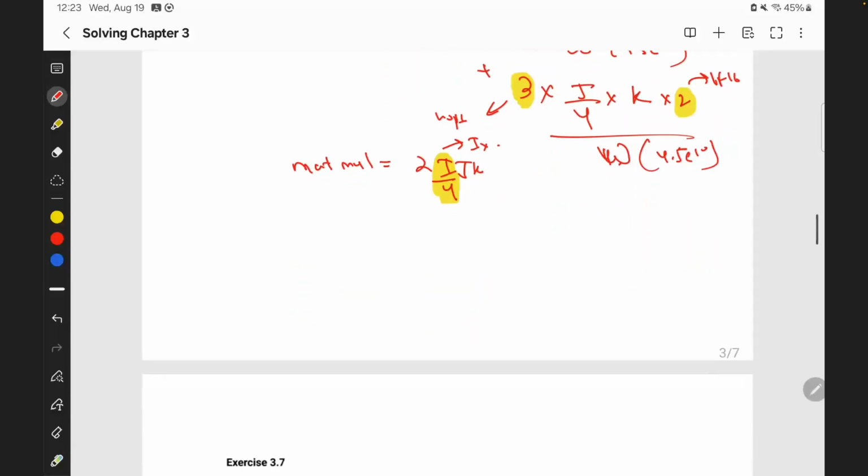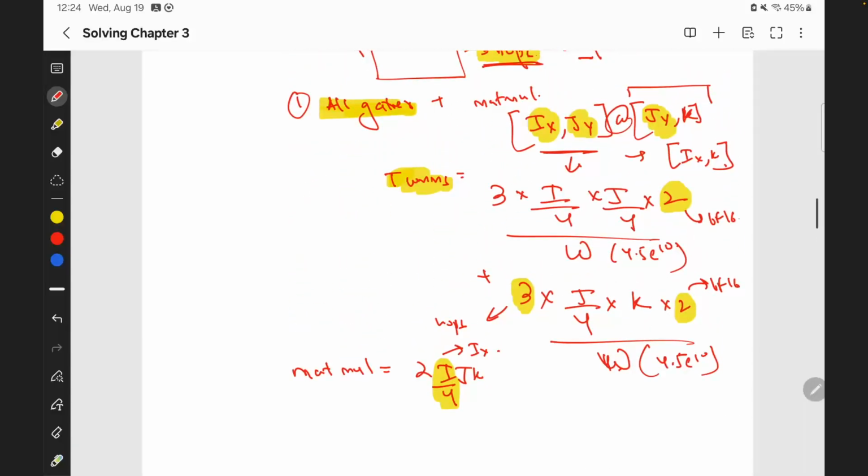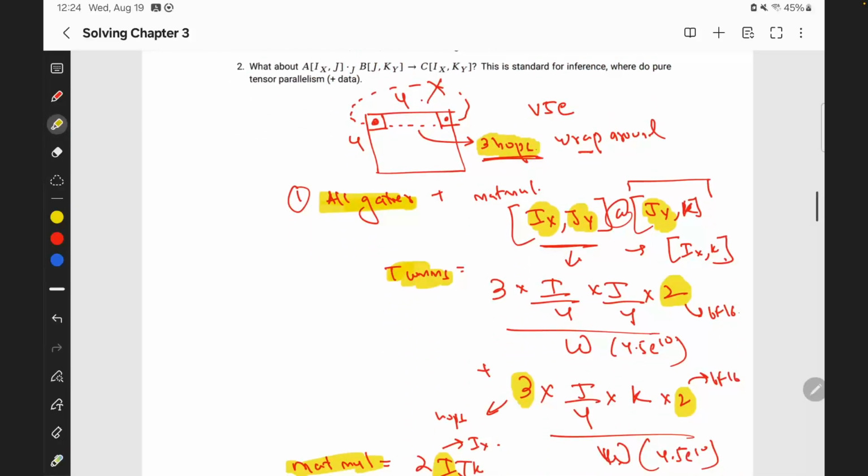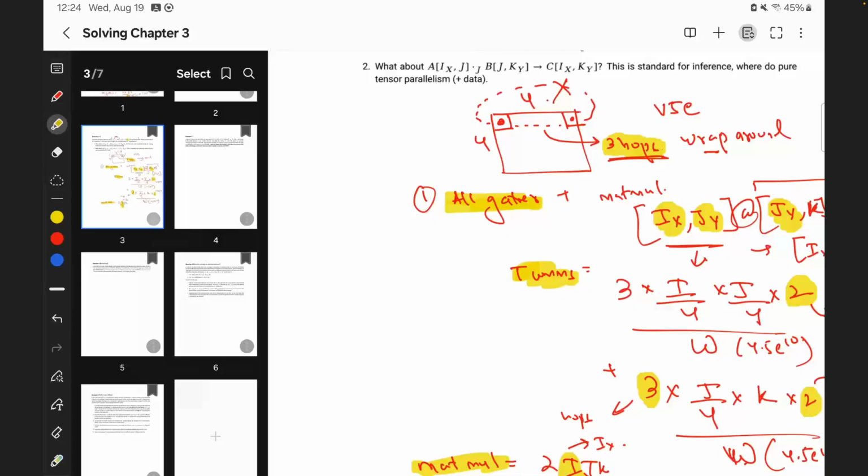So this is the total computation and communication you are going to do for the first scenario. And for the second, I'm going to add a new page.